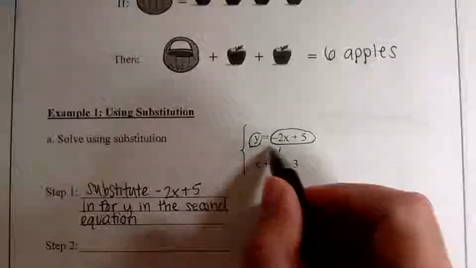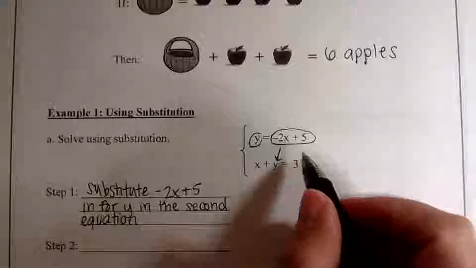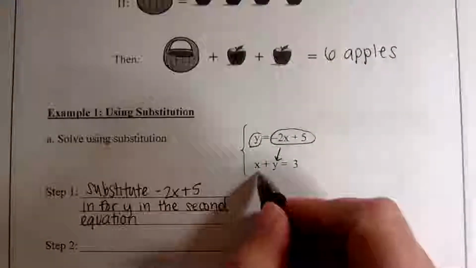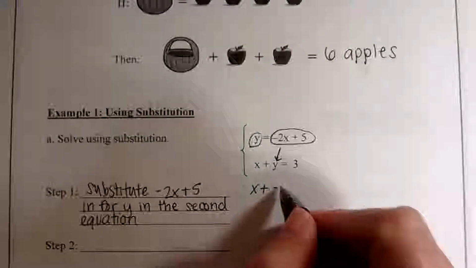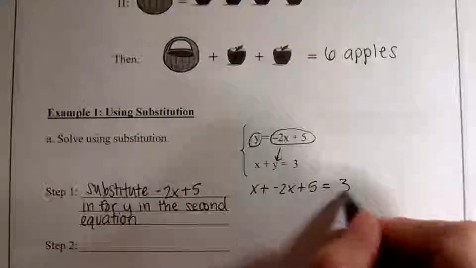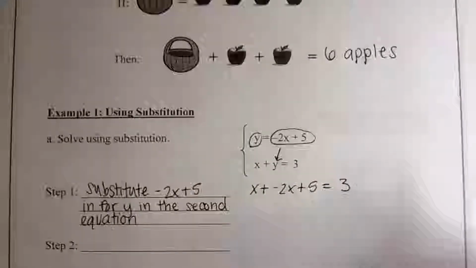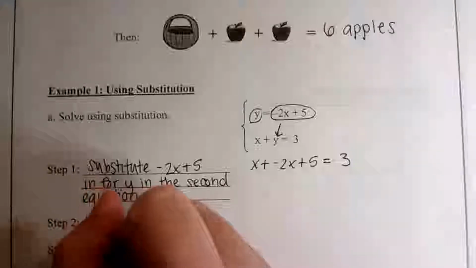So y told us his new nickname was negative 2x plus 5, and he expects us to call him by his new nickname. So now we have x plus, I'm replacing y with negative 2x plus 5 equals 3. So step 2, we are going to solve for x.